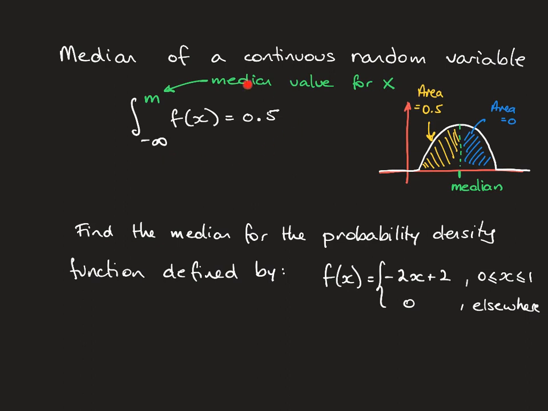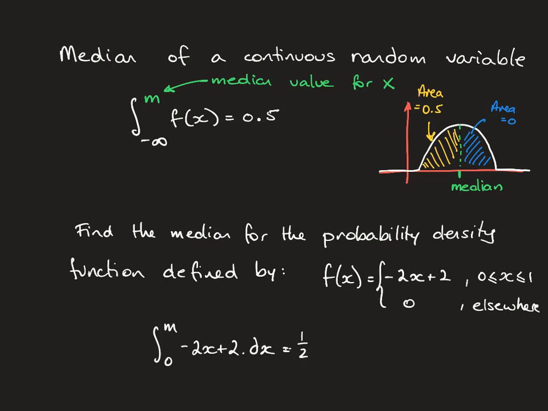So we'll set up our integral using our bounds that we've got here. So our lower bound is 0, and so our integral is going to be from 0 to m. And our function is minus 2x plus 2 dx. We're going to make it equal to a half, and we're going to solve that using our CAS.